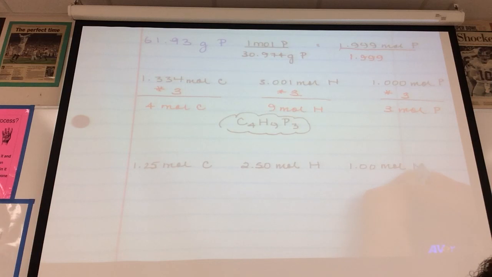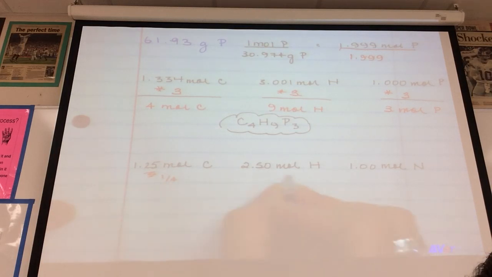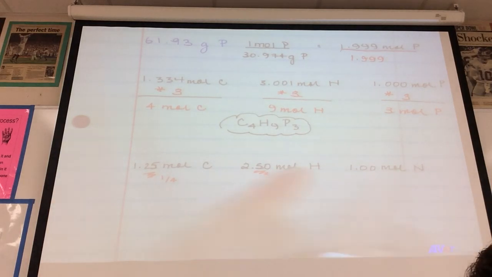I'm going to put a different element here because it's a different problem. I don't want you to be confused. If I came out with this, a quarter is similar to what fraction? And this is 1. So what would my multiple be here?